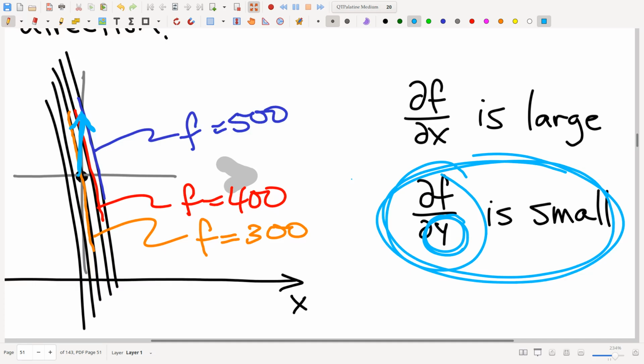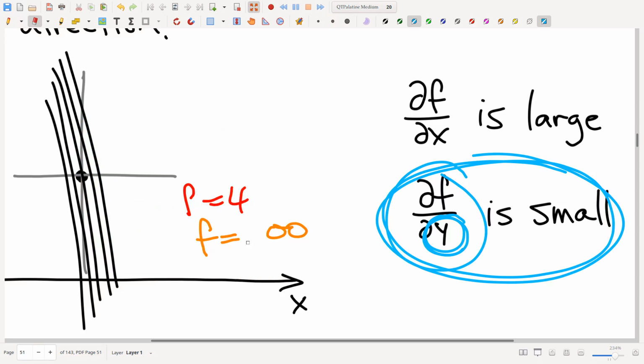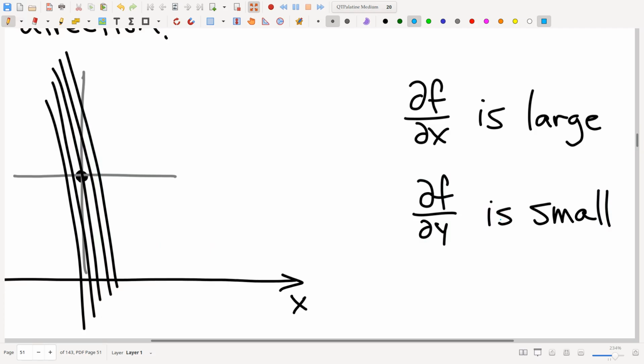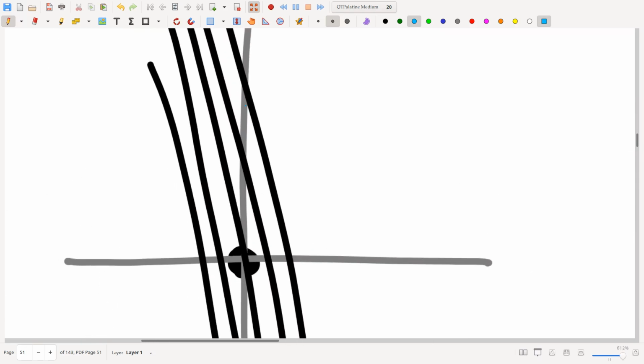Everybody buy it? So the punchline then: how do we, without having to think about graphs all the time, look at this picture and instantly make some inference about whether the partials are large or small in comparison to each other? Basically the idea is you want to see how close together the lines are. Let me zoom in more. Okay, so zooming way in here.